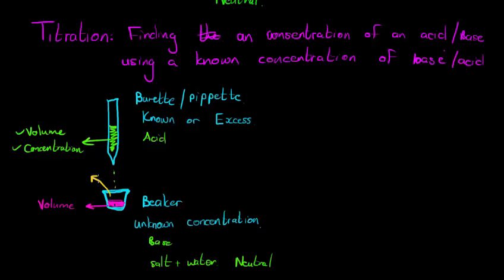We've probably added some sort of indicator that you can mix with your solution at the bottom, and it will have a certain color. And that color will instantaneously change the moment it becomes neutral. All of a sudden it will either be clear or be yellow, depends on what indicator you use. And the moment we see that it's turned neutral, we measure how much did we use.